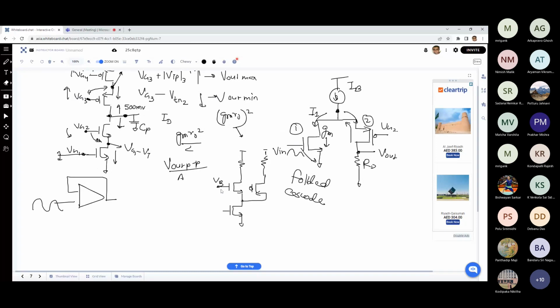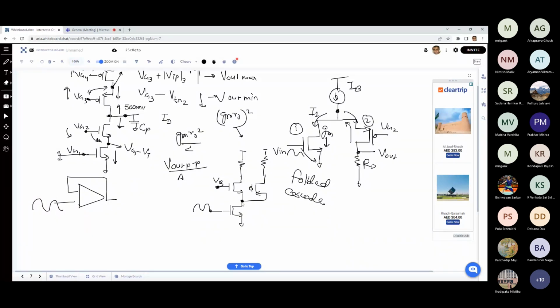Here, if I am talking about the input signal swing, so input signal, if I say that this is the gate voltage VB, the bias voltage VB. So here we may be biasing the drain voltage of this one to get the maximum output swing, and then accordingly we also need to see what is the input swing applicable over here.